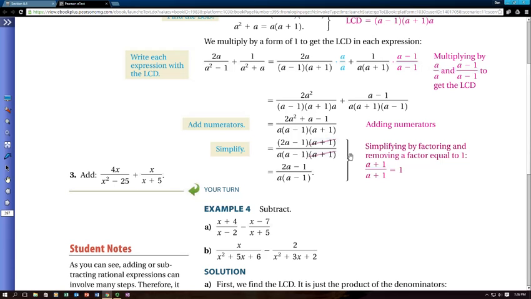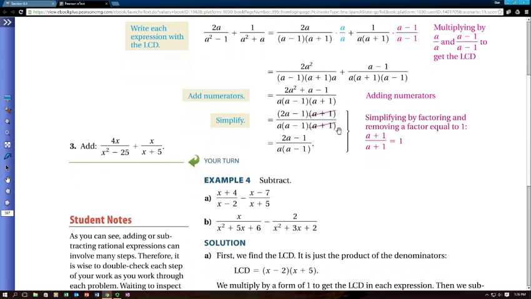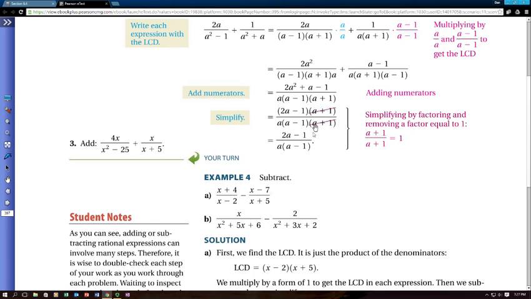I leave this prime factored because I'm hoping, or if I need to simplify, it'll become obvious because I have the denominator and the numerator prime factored. Well, they have a common factor of a plus 1, which is equal to 1, so I can basically say this is the same as 2a minus 1 over the quantity a times the quantity a minus 1 times 1, right? Or just that. So you simplify that.